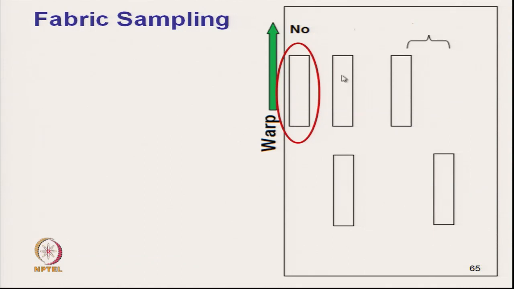Now, these 2 samples are not acceptable because we are taking the warp sample, and these 2 samples have the same warp. So, this is again not acceptable. And what about these 2?